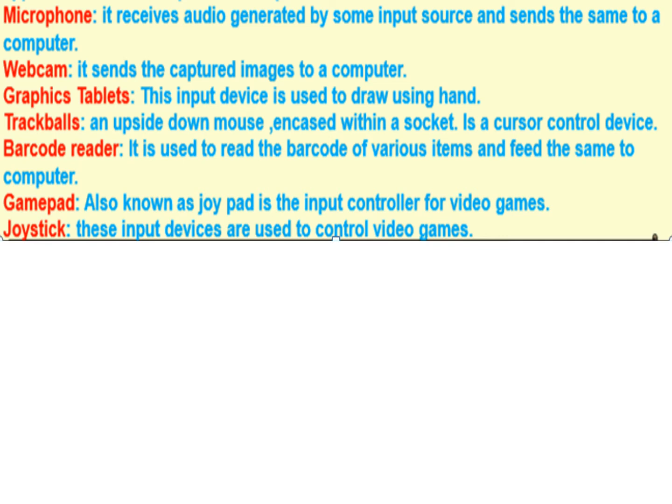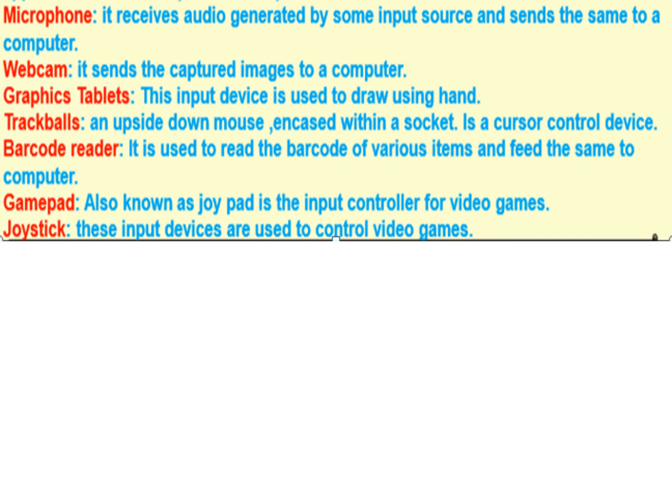Whenever you go to a supermarket such as Reliance Fresh, Big Bazaar, and you purchase any item, some black and white bold lines are there at the back of a product. The person standing at the billing counter uses a device in his hand to check the price of that product. That reader in his hand is known as a barcode reader.